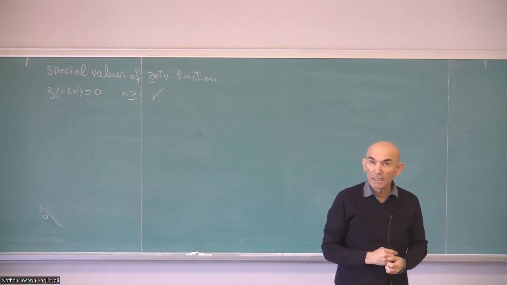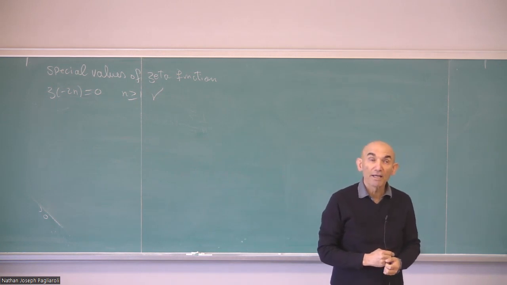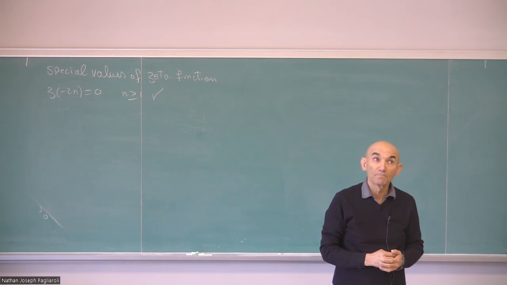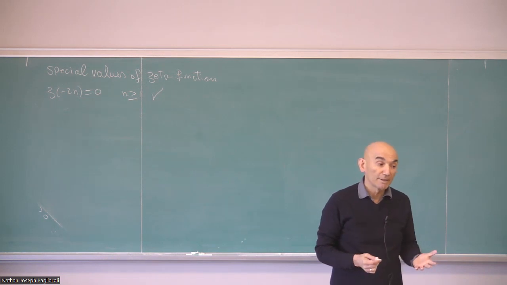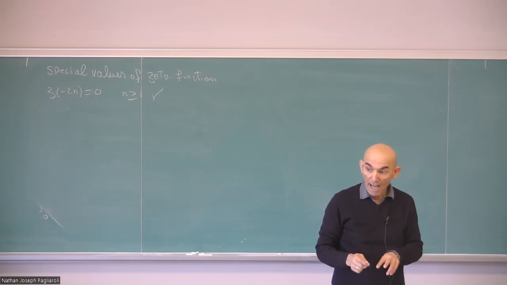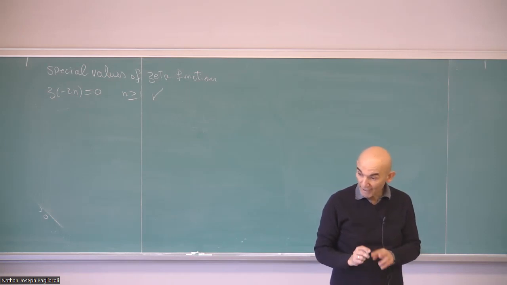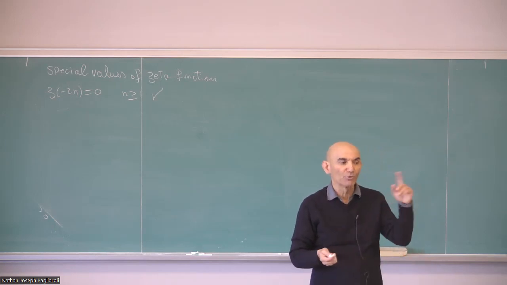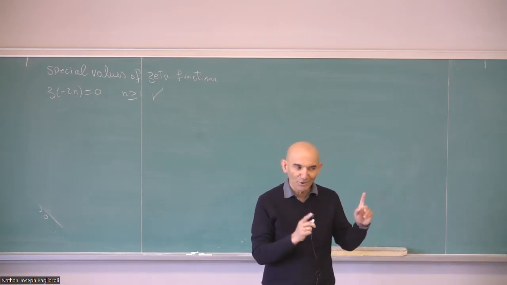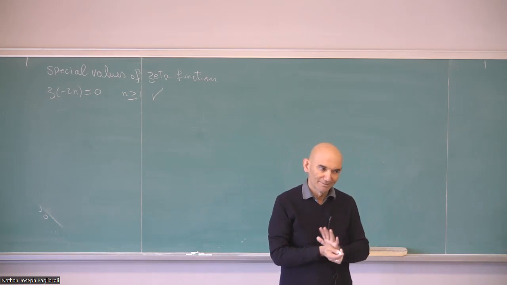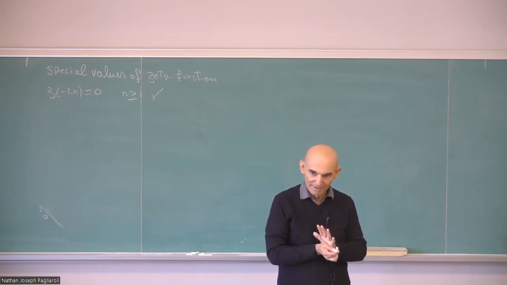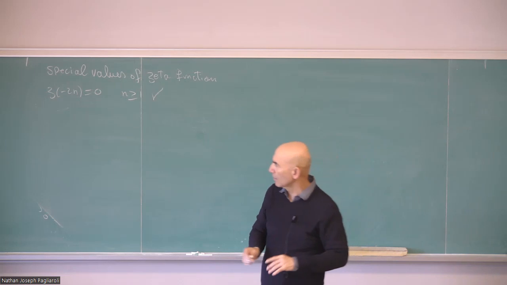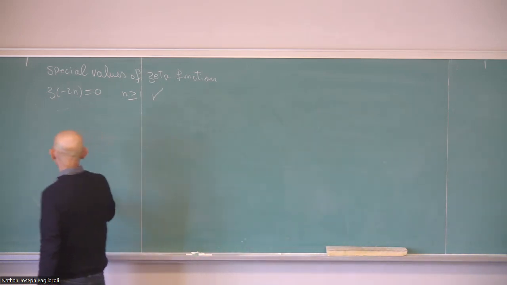We used the fact that the completed zeta function is holomorphic everywhere except 0 and 1, and gamma has poles at negative integers. It's just a combination of the two. You didn't even have to use the functional equation; analytic continuation is enough. Okay, so this we already did last lecture.